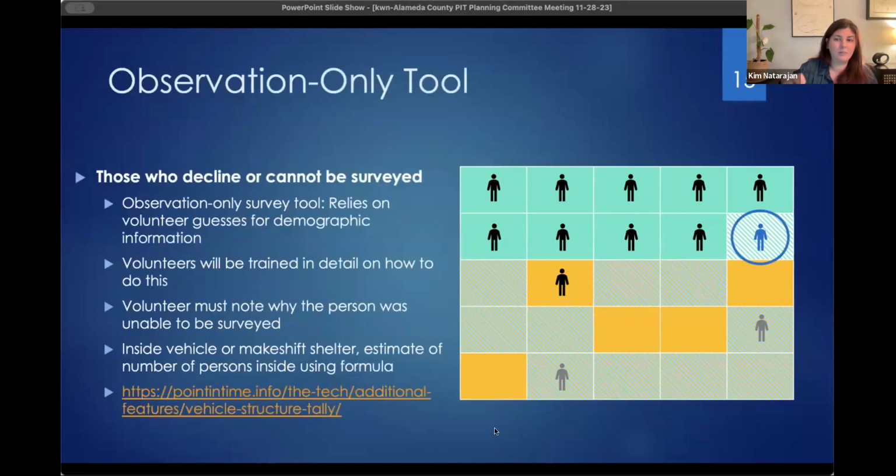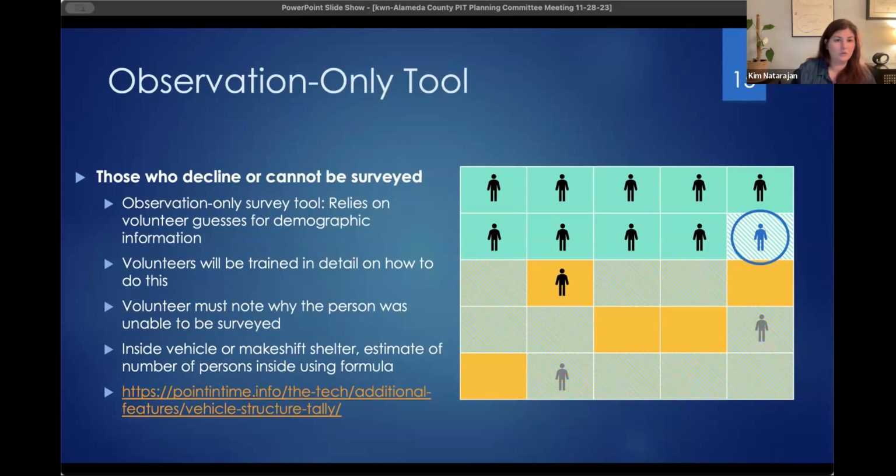And just a quick note about the person in blue. I know that observation only tool was a core component of the 2022 method. 90% of the people got this observation only tool and then the application of data across it. In this model, it's a less impactful component of the methodology, but it's still there. We do have an observation only survey tool that comes from Simtech. Yes, it relies on volunteers to assign demographic information.